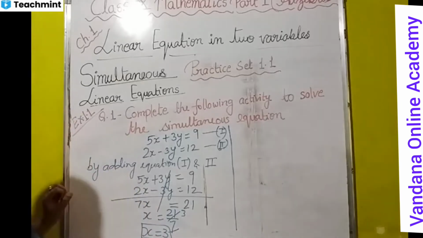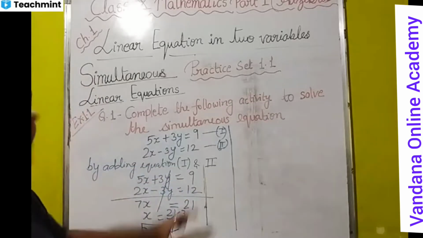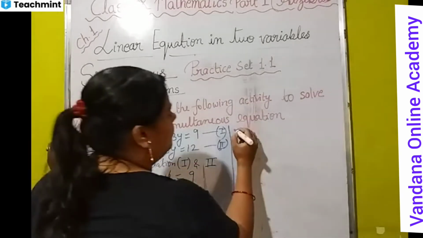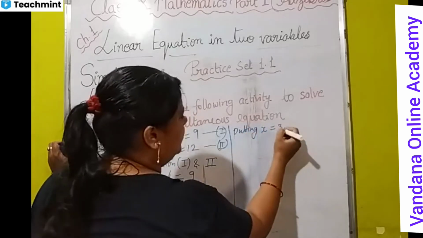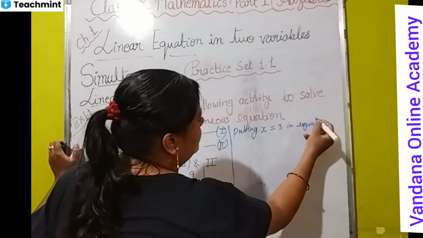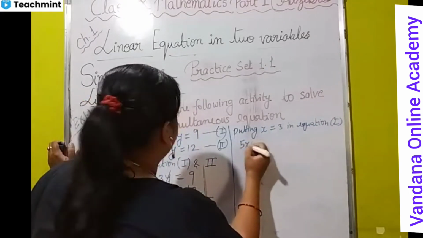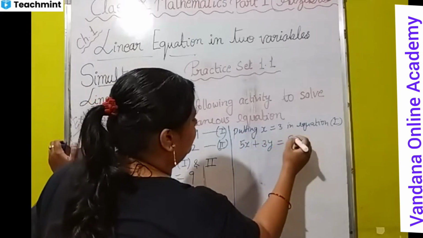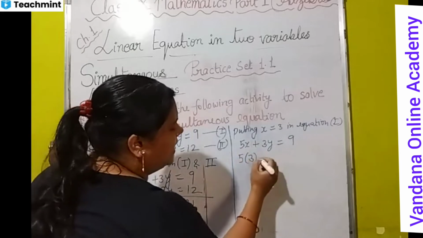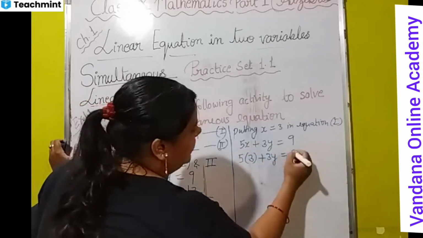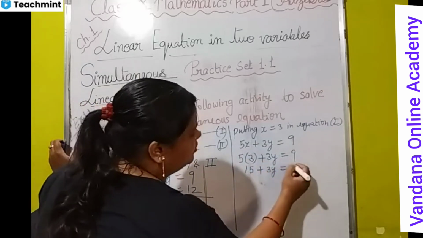Okay. So here we get the value of x. Now we have to solve for the value of y. So putting x is equals to 3 in equation 1. So what is it? 5x plus 3y is equals to 9. So we will write it 5. X ki value 3 hai. So we will write here and we will get this. Then 5 3s are 15 plus 3y is equals to 9.